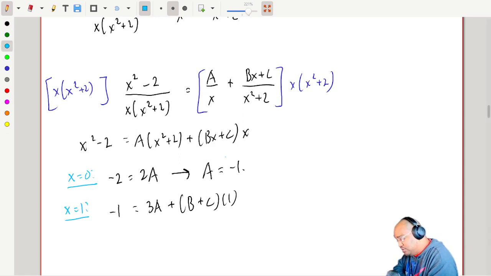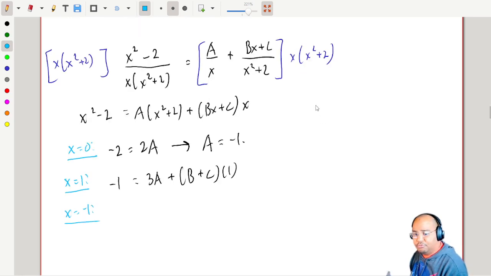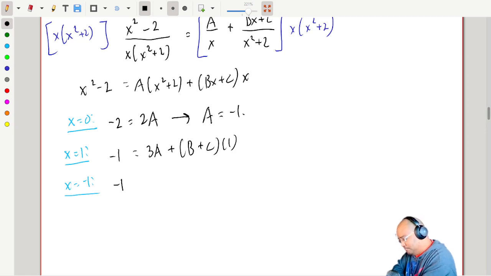Now, what's the other one that we select? Let's select x equals negative 1. It'll still work out nicely. So if x equals negative 1, on the left, negative 1 squared is still a positive 1, but 1 minus 2 is negative 1. On the right, negative 1 squared is 1, plus 2 is 3, so I still get a 3a here.